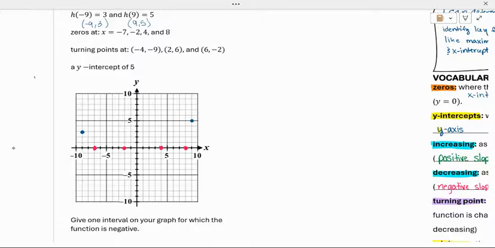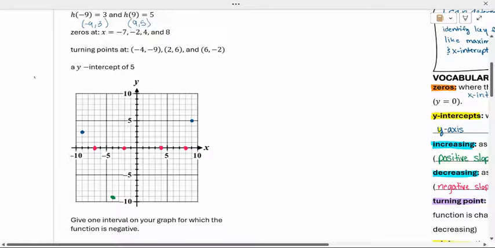Okay. Now our graph has to turn. It's going to have some turning points, right? So it says the turning points happen. The first one happens at the ordered pair (-4, -9). So negative 1, 2, 3, 4, all the way down to negative 9. This is a turning point where my graph changes direction.